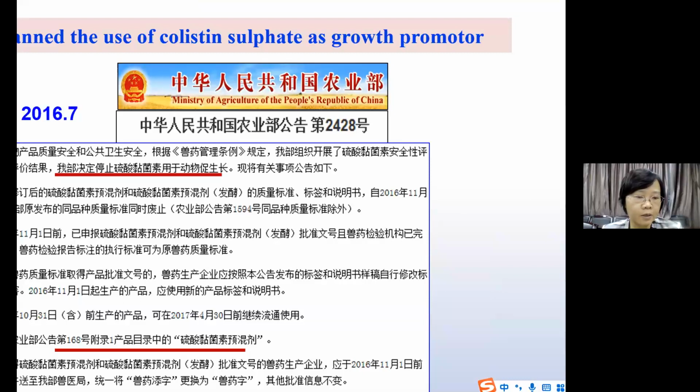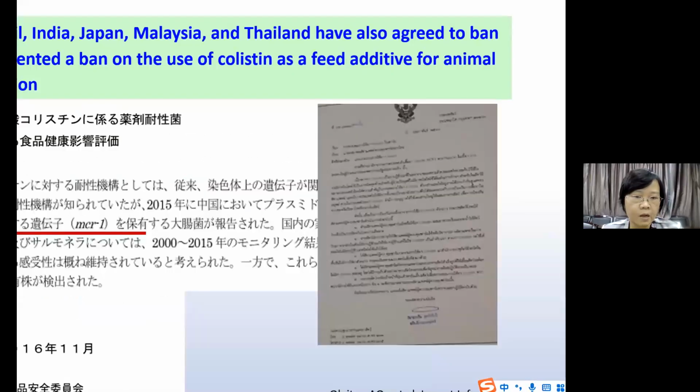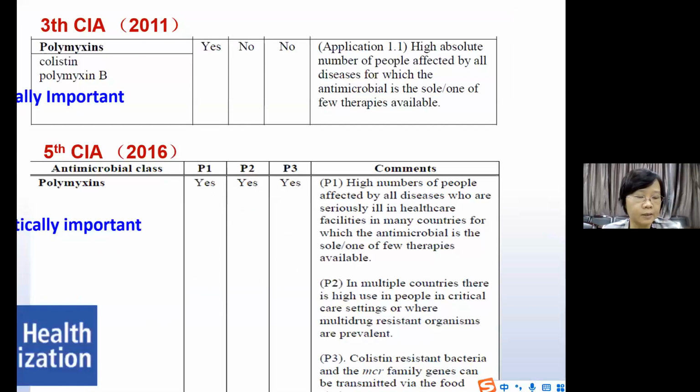The Chinese Ministry of Agriculture published an announcement deciding to prohibit the use of colistin in food-producing animals for growth promotion, and it is also prohibited in Japan, Thailand, and Brazil.